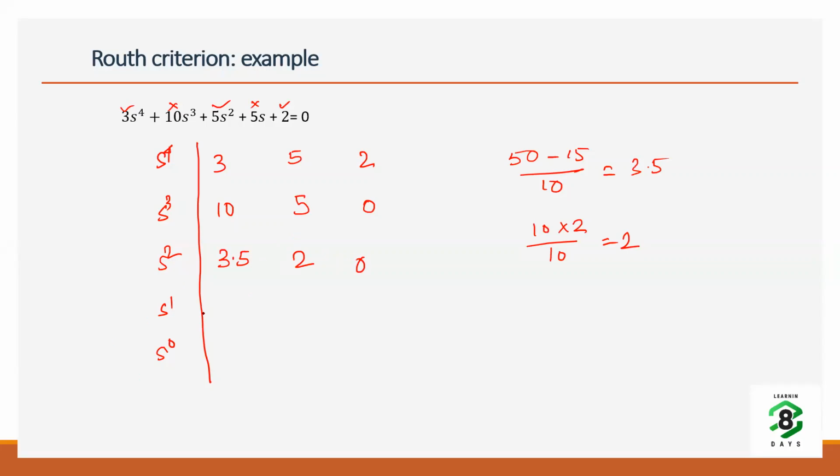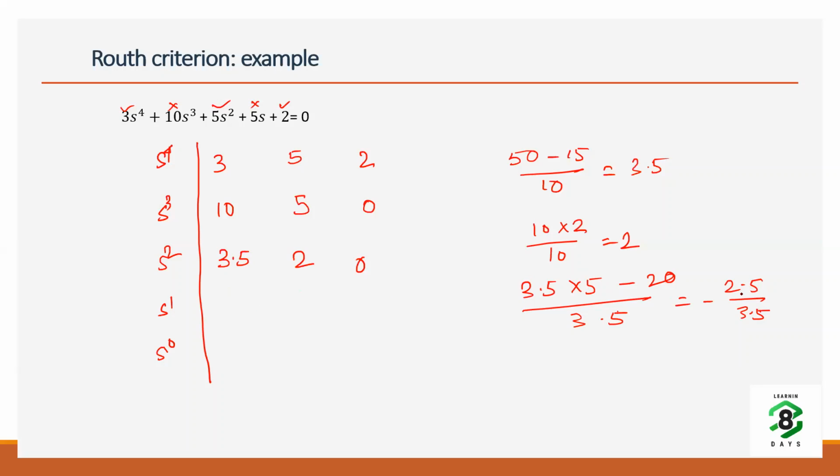Now we'll find the next component here. This is 3.5 into 5 minus 20, divided by 3.5. That is 17.5 minus 20, so minus 2.5 by 3.5.